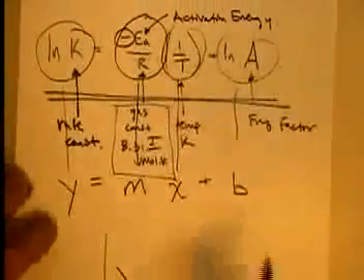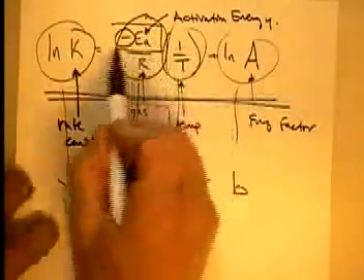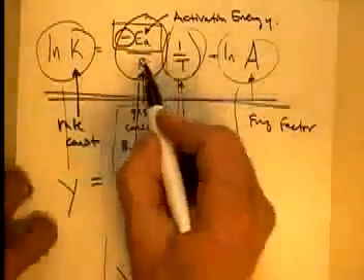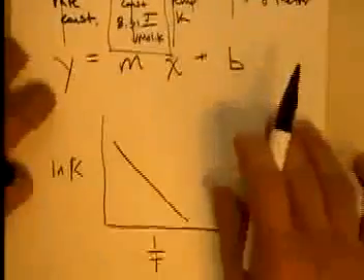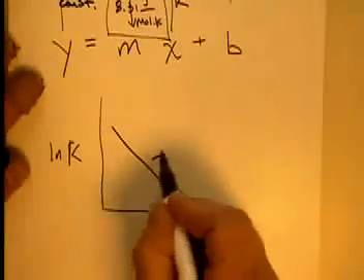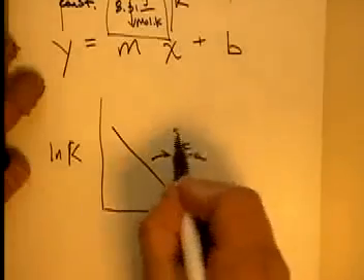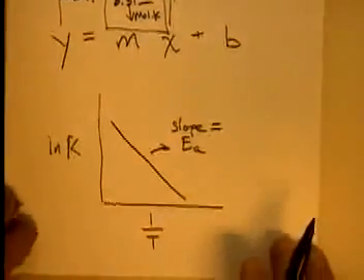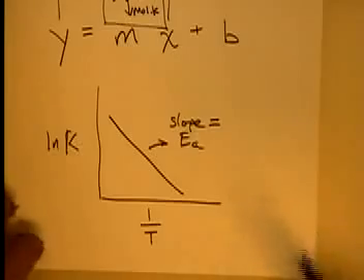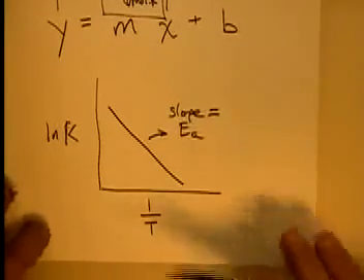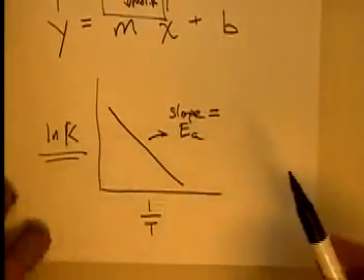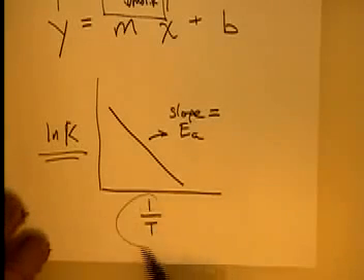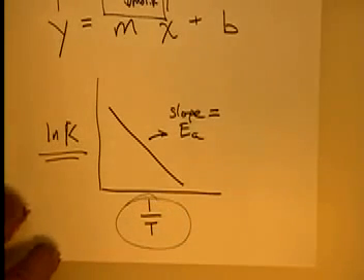The slope of the line would be equal to E sub A divided by R, but R is a constant. So technically, it would be directly related to E sub A. So one way to determine the activation energy of a reaction is to graph the natural log of the rate constant versus the inverse of the temperature.